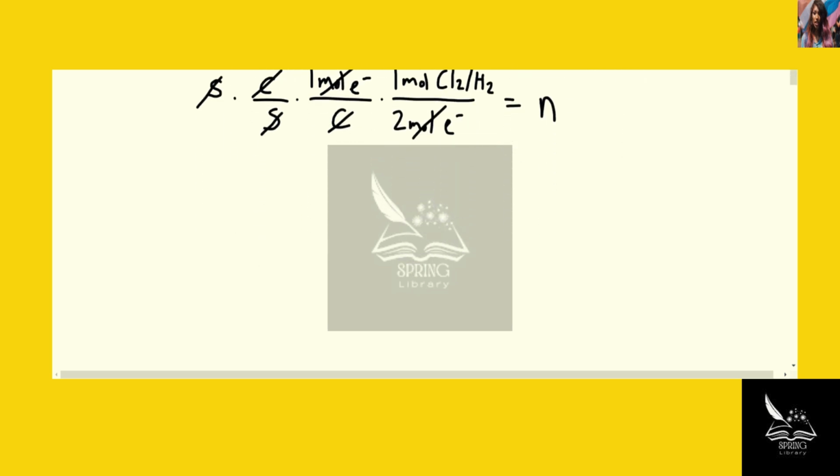And now to convert that amount of moles into volume for a gas, we use the ideal gas law, PV equals nRT. The volume is therefore equal to the number of moles times the ideal gas constant, R, times the temperature, divided by the pressure.